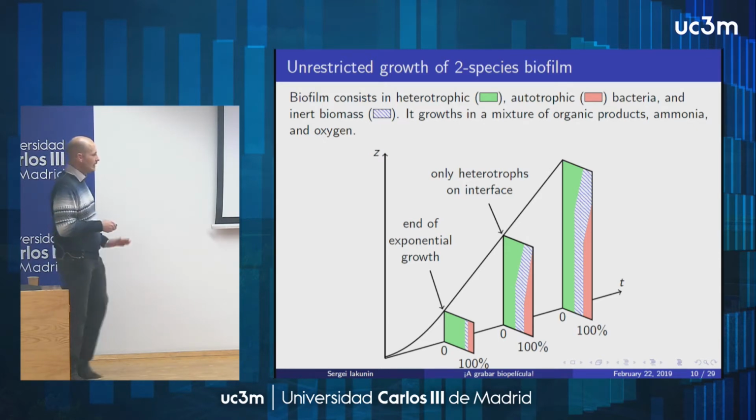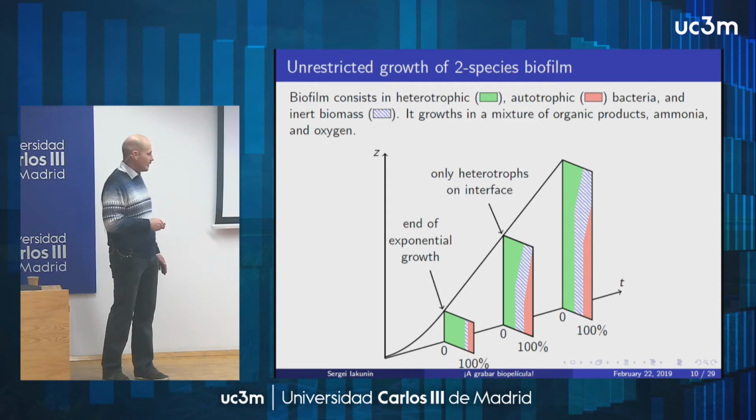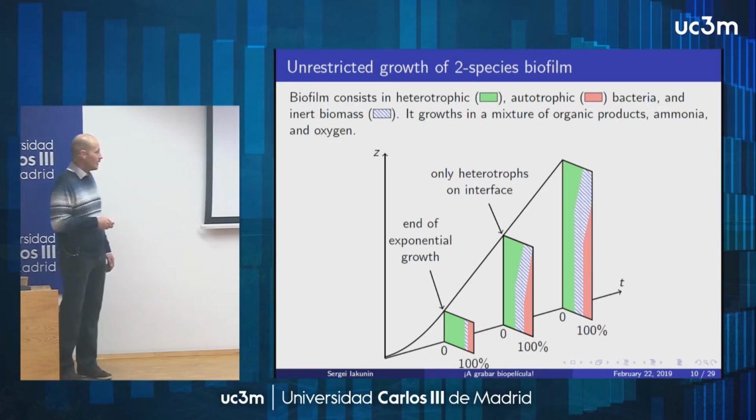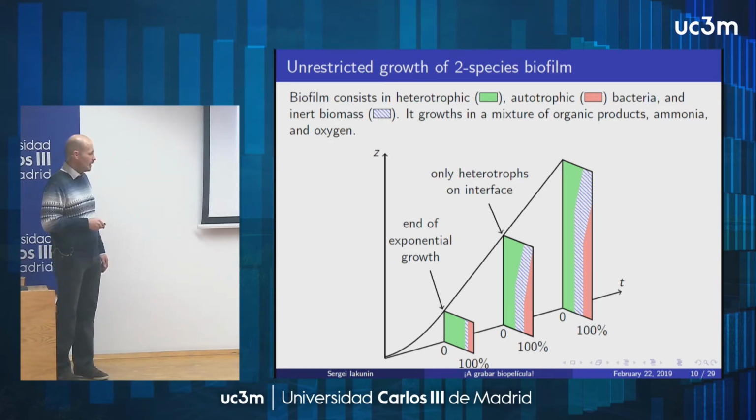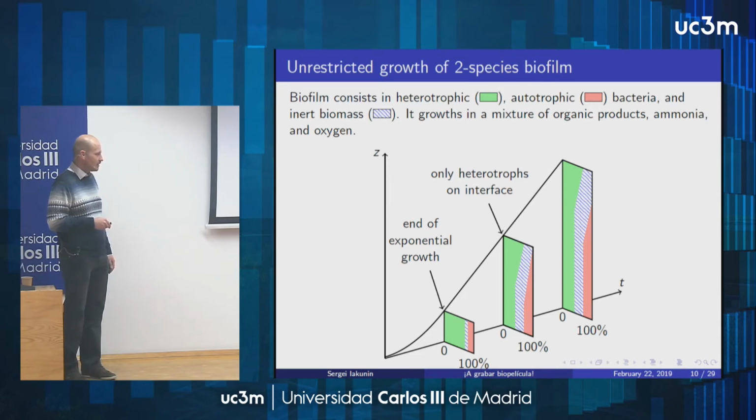So here it's drawn like we have some distribution along this direction, but actually all species are spread homogeneously along this line. Well, this fraction is proportional to the thickness of these rectangles.